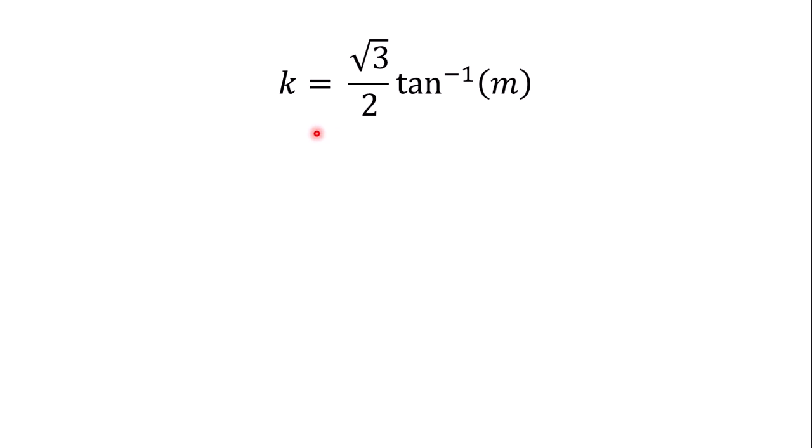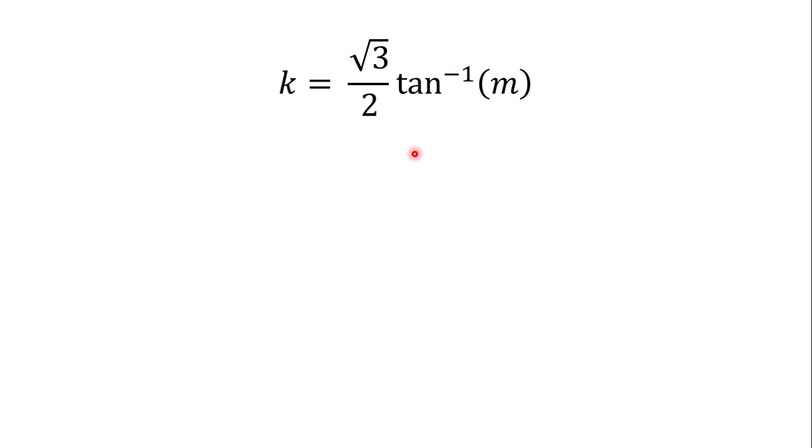Okay, k is equal to square root of 3 over 2 times tangent inverse of m. Here, I'm not going to show you how the derivative of tangent inverse is arrived at, but we know the answer to the derivative of tangent inverse.